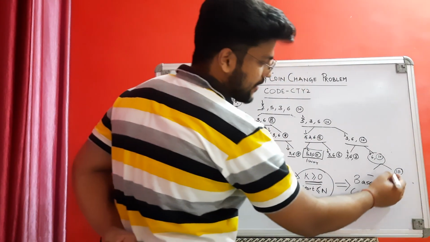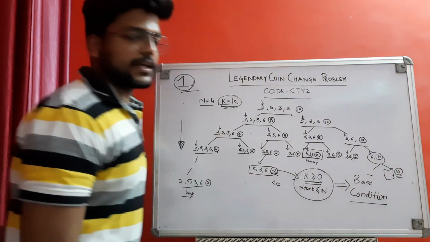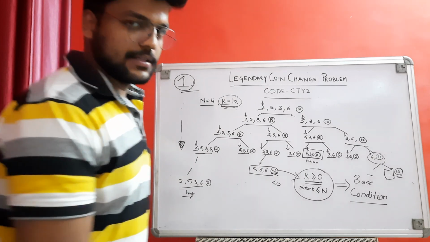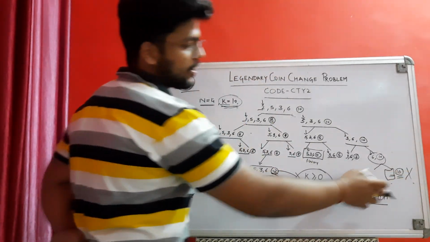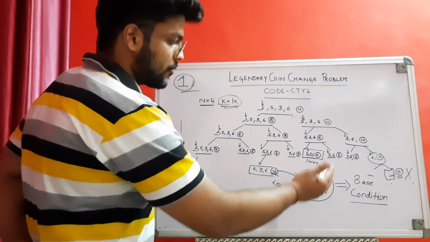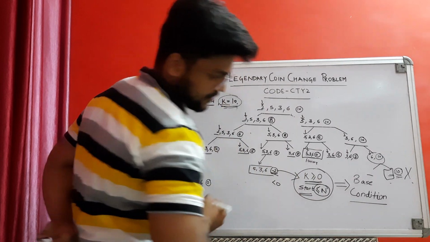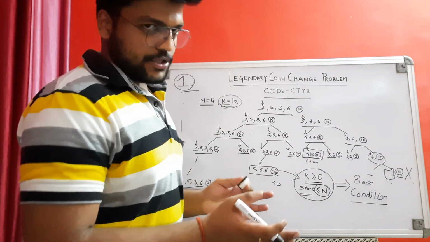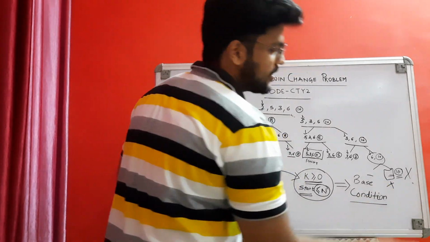Now you are not left with any denomination, and you still have to make the sum k equal to 10. This is not possible. So what you have to do, you have to stop here. You don't have to go after this. So this will be one more base condition, that start will always be less than or equal to n. Because you can take n denominations, but after those denominations you can't take anything. You won't have any denomination.